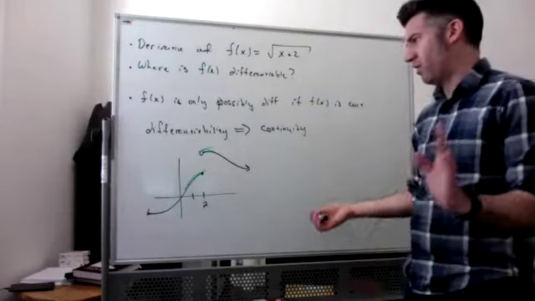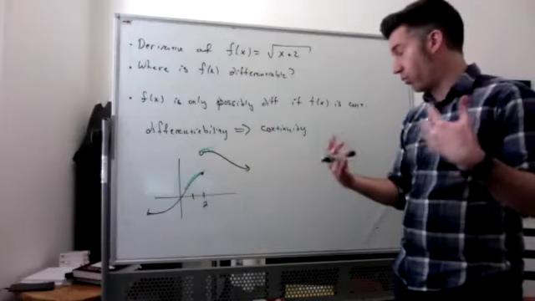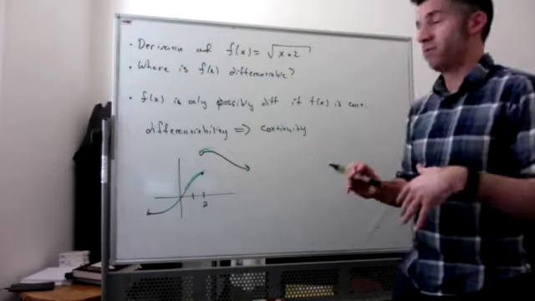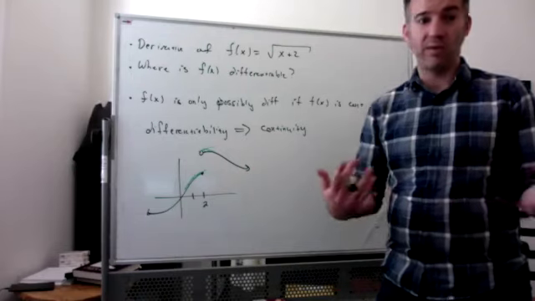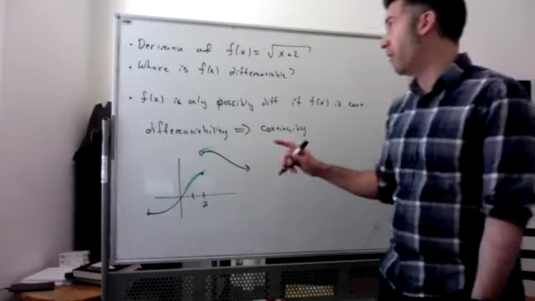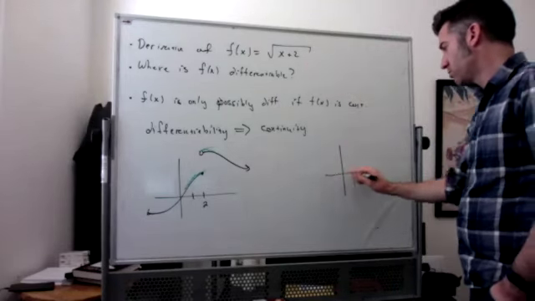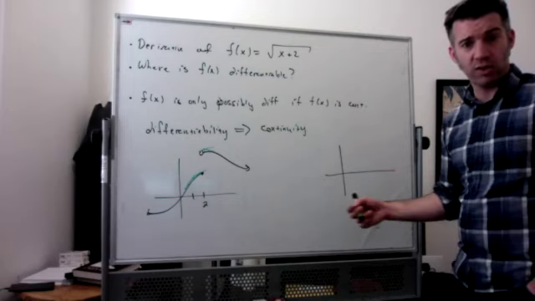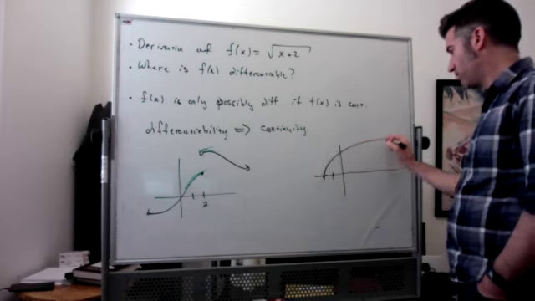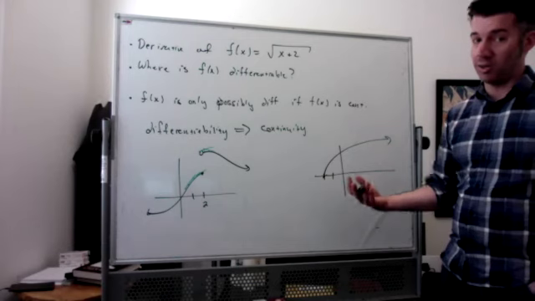I don't want to get too in the weeds about this particular detail, and maybe I'll say more about this next time when I've thought about it more. For a function to be differentiable, it had to have been continuous. Definitely need that to be true. So this function, square root of x plus 2, looks like the regular square root function shifted 2 to the left. And it's definitely continuous on its domain.